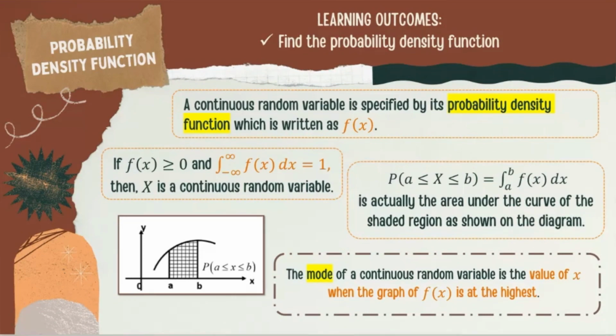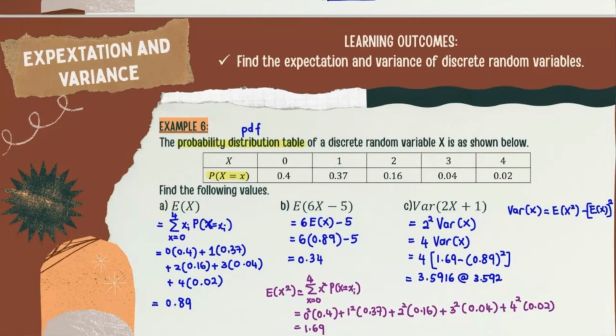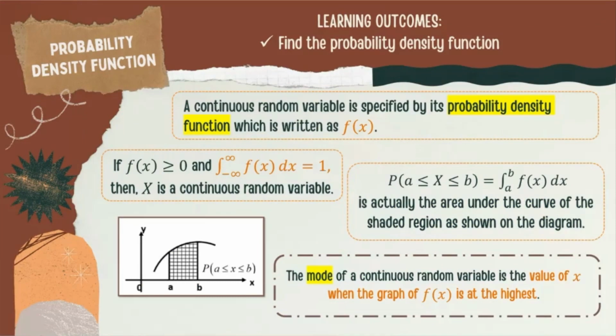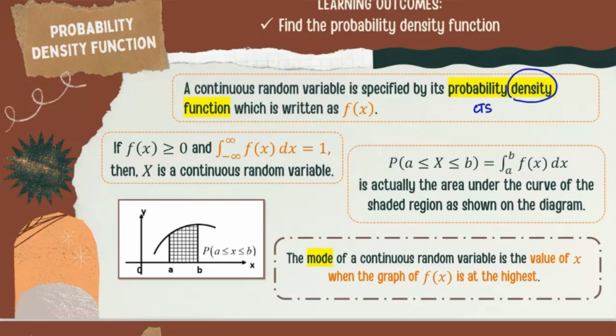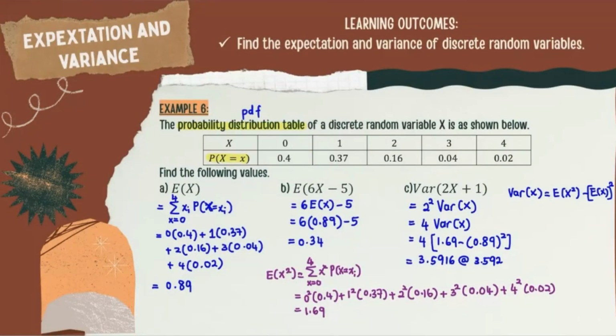So kalau perhatikan dekat sini, kalau continuous random variable, kita akan gunakan ayat probability density. Okay, ini dia akan terus refer kepada continuous random variable. Kalau discrete random variable, untuk beritahu tentang PDF, dia menggunakan ayat distribution.